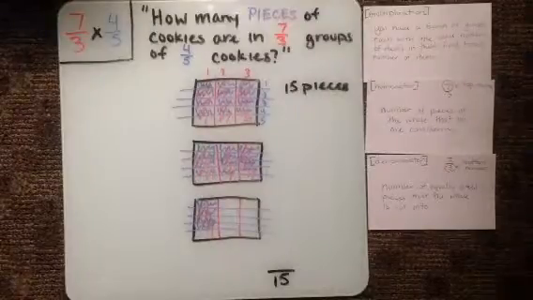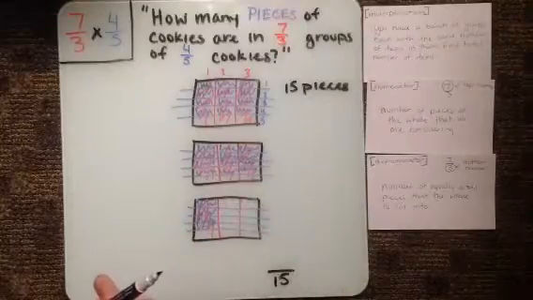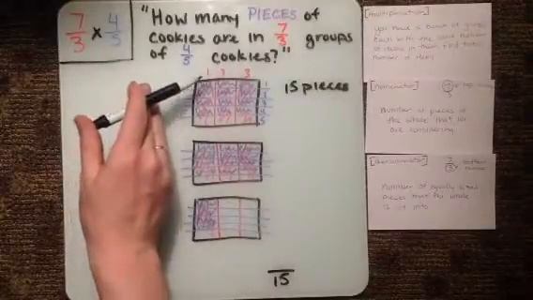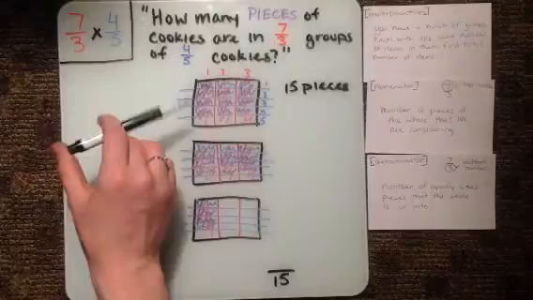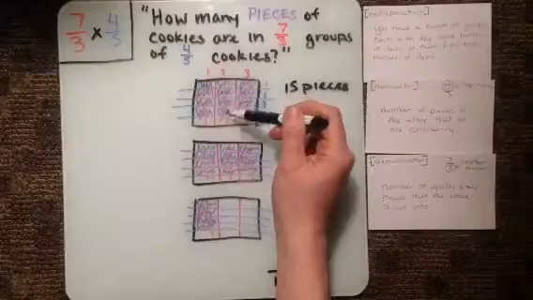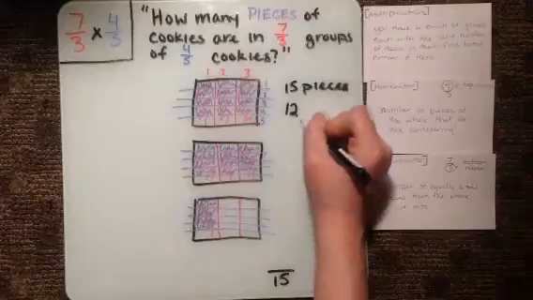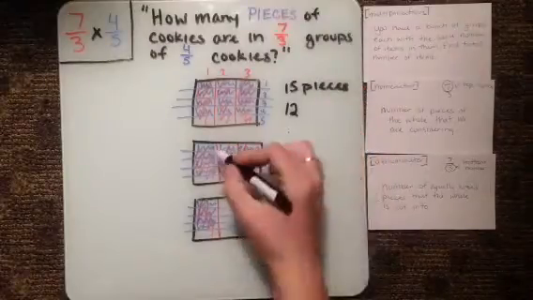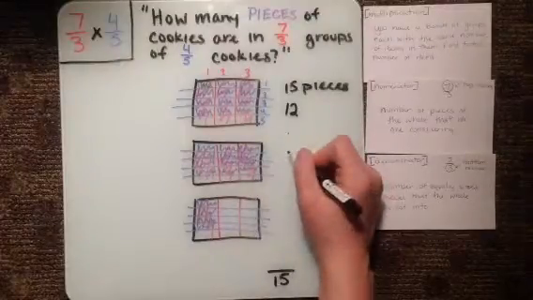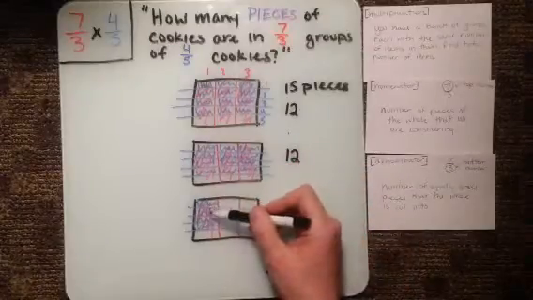Our next step is to establish our numerator, or our top number, so the number of pieces that we cared about. So you go back and count the parts that are shaded in both blue and red, and you'll get 1, 2, 3, 4, 5, 6, 7, 8, 9, 10, 11, 12 in the top, and then 12 in the middle one, and then in the bottom one we only have 1, 2, 3, 4.